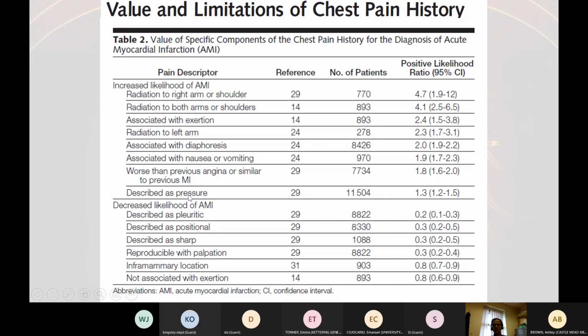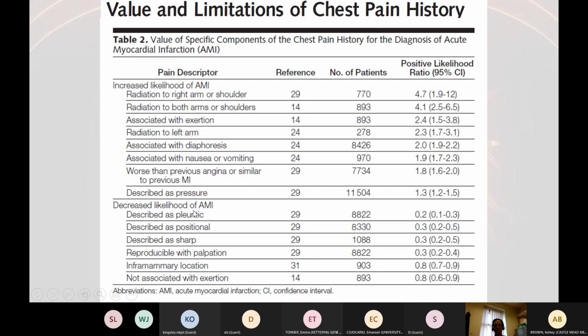You can see that describing the pain as a pressure is only a 1.3 positive likelihood ratio, so it is a bit more likely that it's cardiac, but patients don't necessarily describe it as a pressure. One thing that can be quite helpful is if you just watch the patient, often they hold a clenched fist over their sternum, and that is actually quite helpful in indicating that it's cardiac chest pain before you even speak to them.